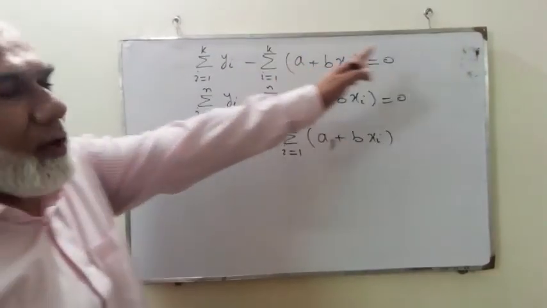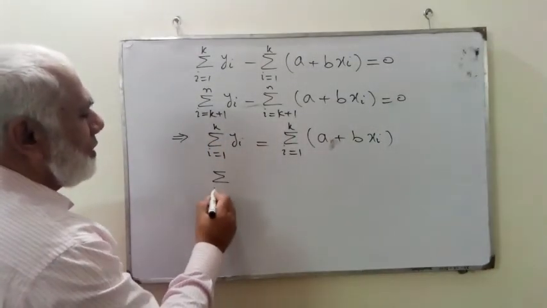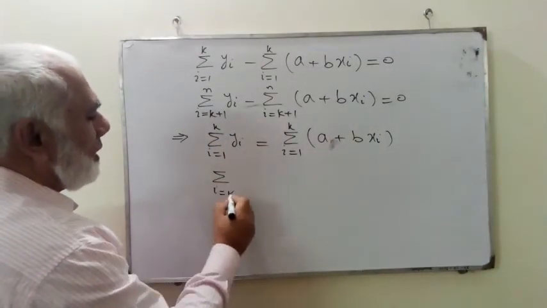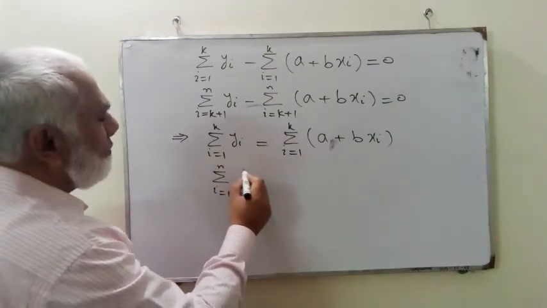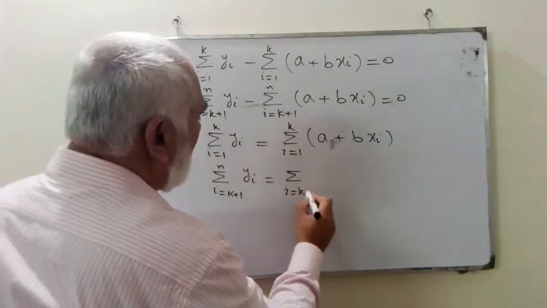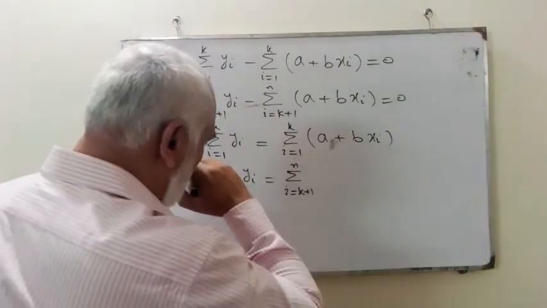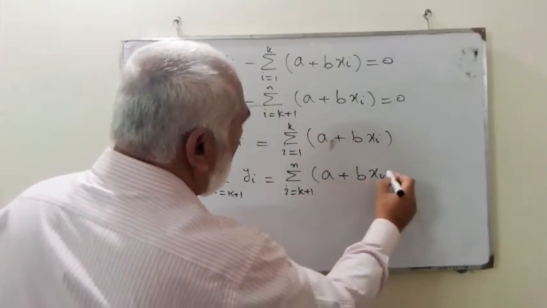The sign will change whenever we shift it to the right. Similarly, from the second we get sigma i equals k plus 1 to n of yi is equal to sigma i equals k plus 1 to n, and inside this will be the same result.